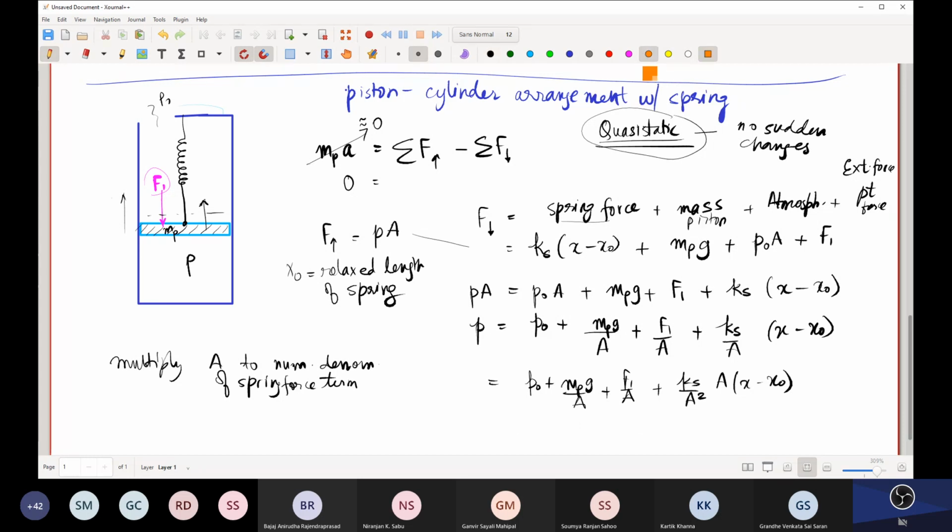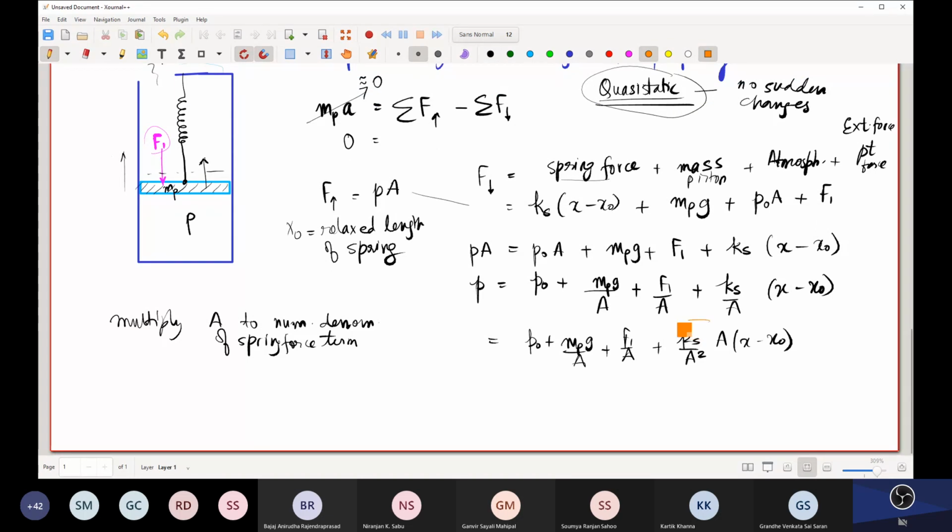This particular term is fundamentally Ks over A square times, so area times the displacement is like the volume minus the relaxed volume.